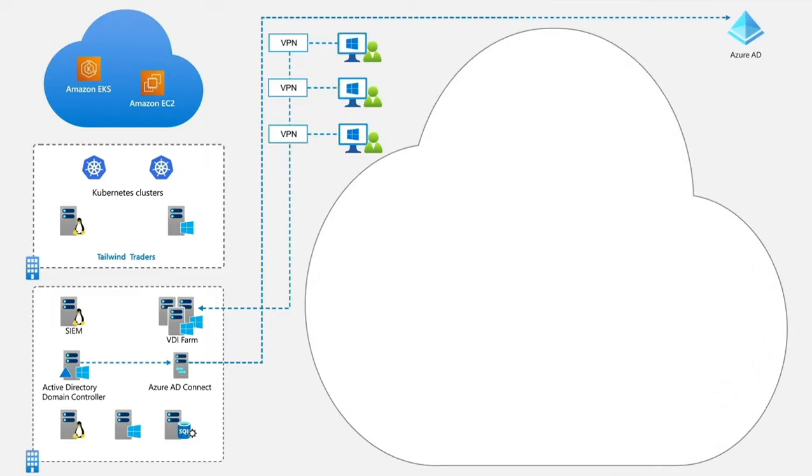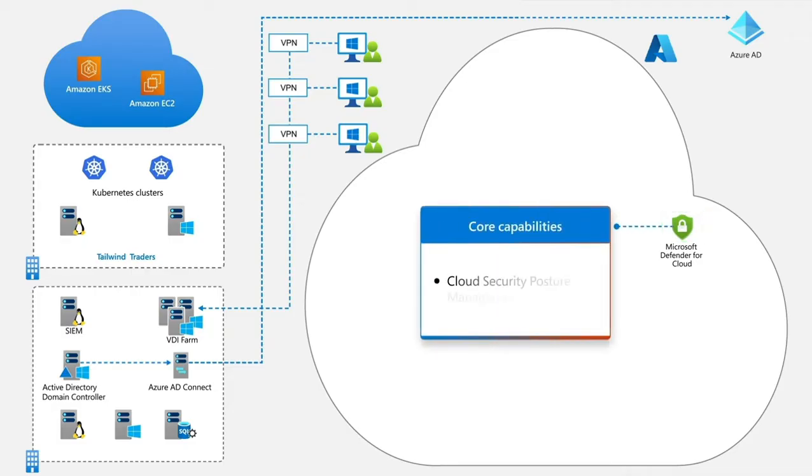The first step in implementing our solution in the newly provisioned Azure subscription is the setup of Defender for Cloud components. Defender for Cloud is the fundamental component of the proposed solution. It offers Cloud Security Posture Management, or CSPM, and Cloud Workload Protection Platform, or CWPP, as its two core capabilities.